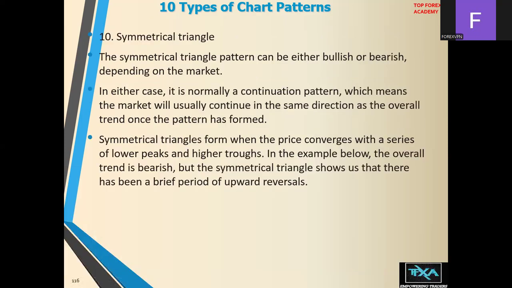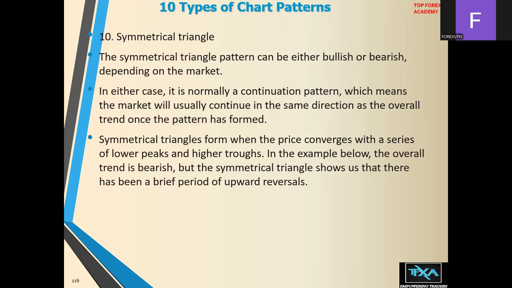Last but not the least is the symmetrical triangle. The symmetrical triangle pattern can be either bullish or bearish depending on the market. In either case, it's normally a continuation pattern, which means the market will usually continue in the same direction as the overall trend once the pattern has formed.